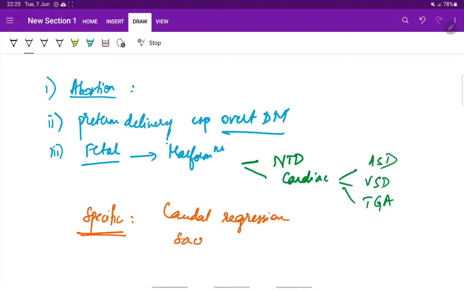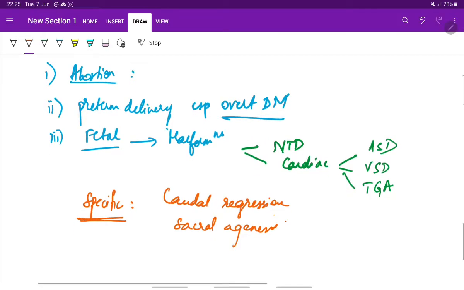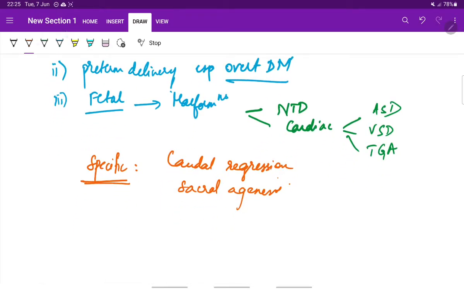Also there can be sacral agenesis. And in the fetus there can also be unexplained fetal death.